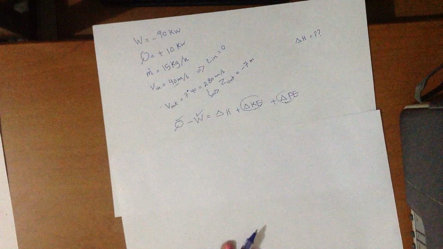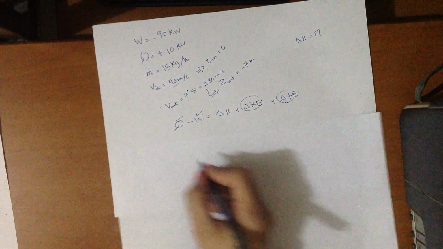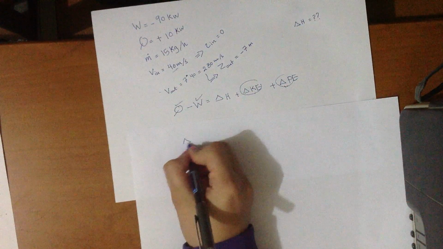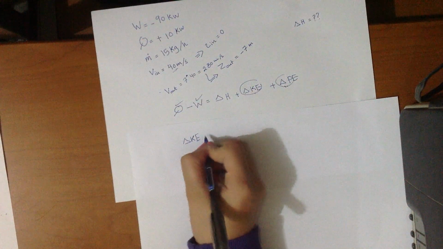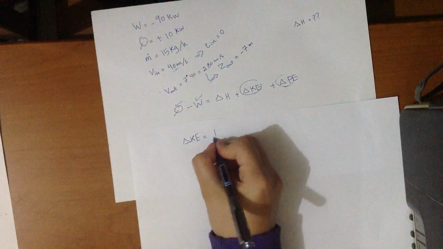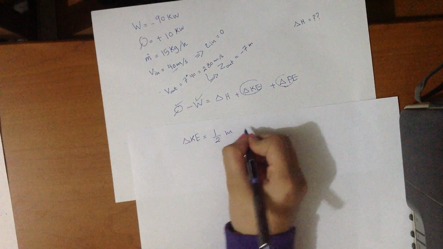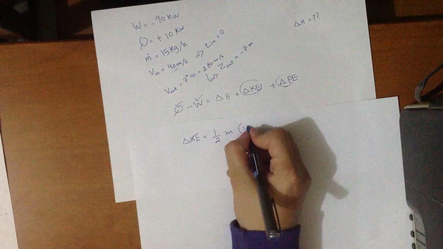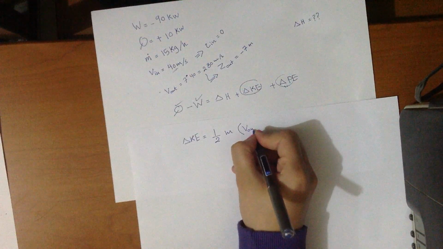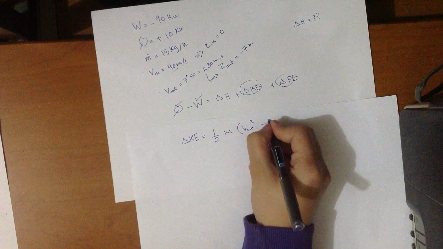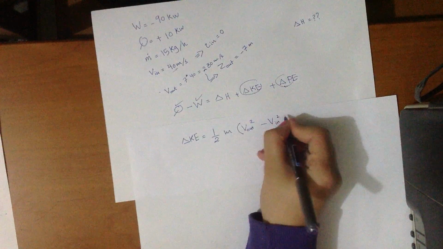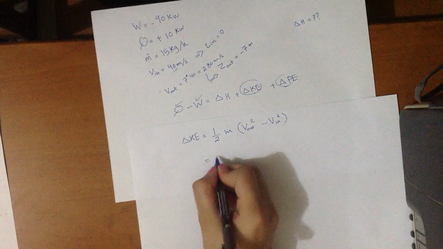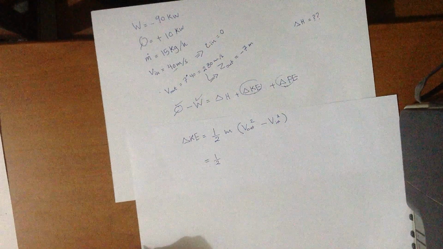So let's find out the change in the kinetic energy, which is equal to half mass multiplied by the velocity out squared minus velocity in squared.